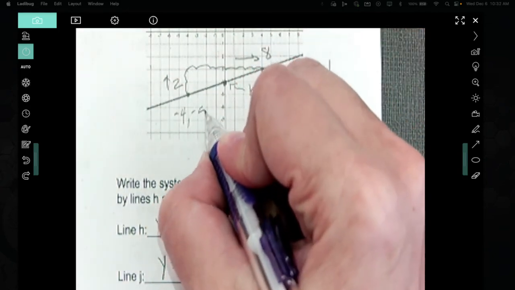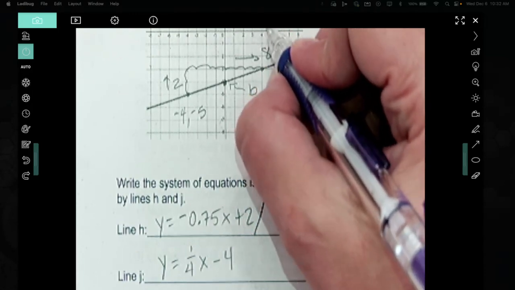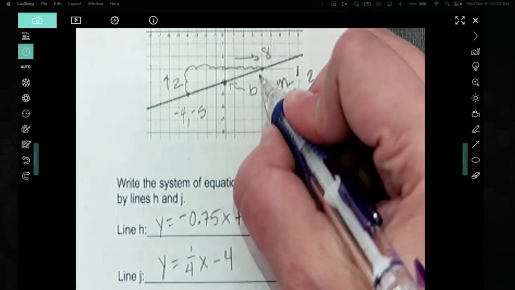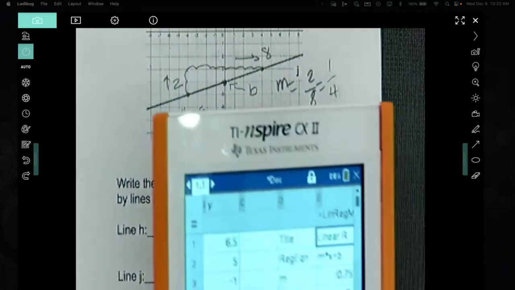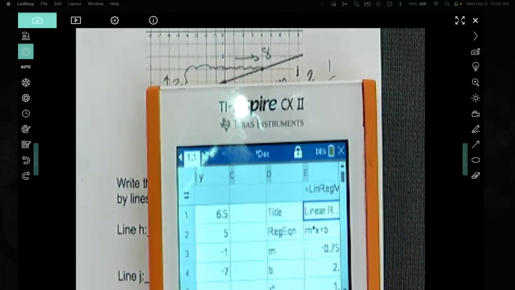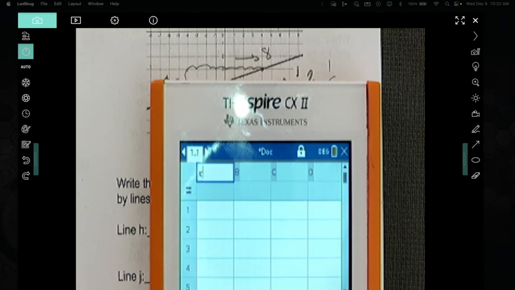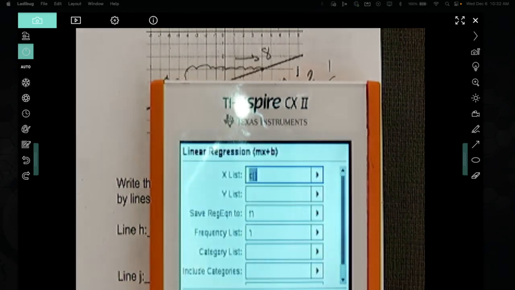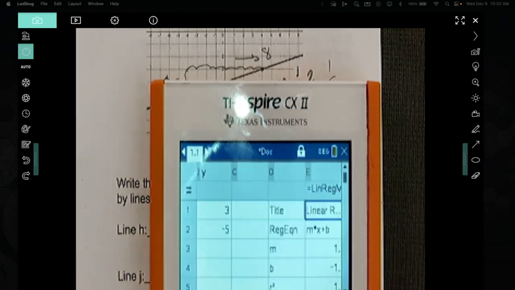You have negative 4 and negative 5. Here you have 4, negative 3. So if you weren't sure about the whole counting thing, you could go through. You could say 4 and negative 4. Make sure you match them up. 3 and negative 5. Menu 413, X and Y.